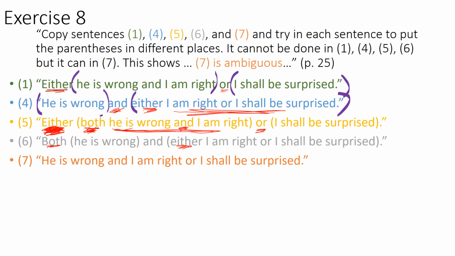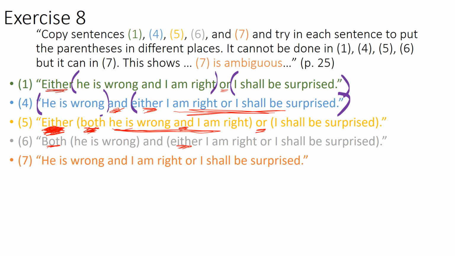How about number 7? He is wrong and I am right, or I shall be surprised. Well, here we definitely have a problem. It does seem ambiguous even from the outset. We don't have any hints to what's dominant. We don't have an either, we don't have a both in that sentence.